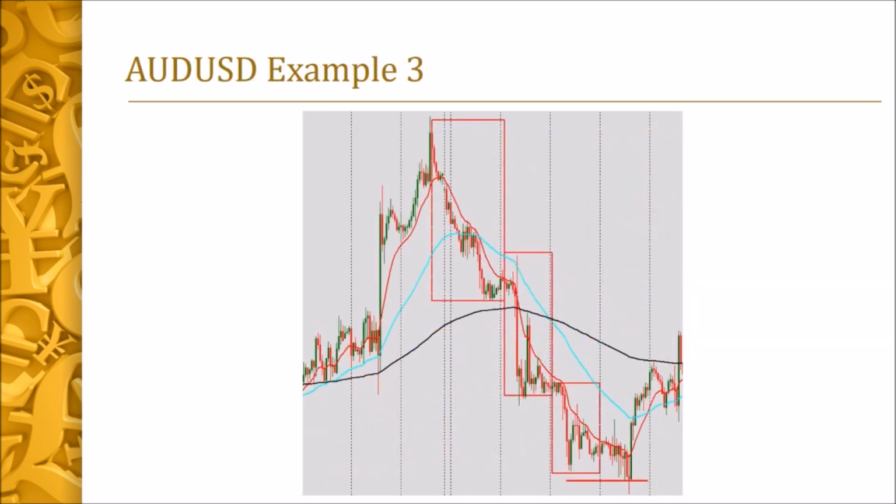This is Aussie against the US dollar. Example number 3. We had our first day of drop, then second day of drop, which is our level 2, and our last day of drop, which is our level 3. This was our anticipated first leg in consolidation.